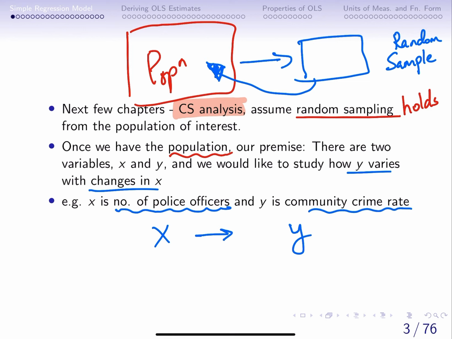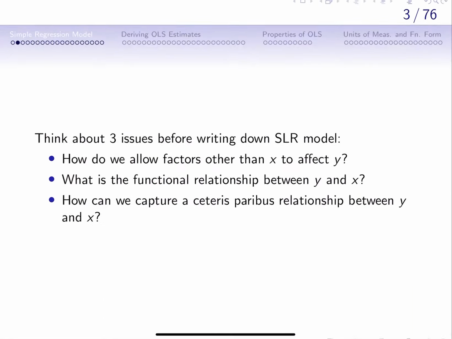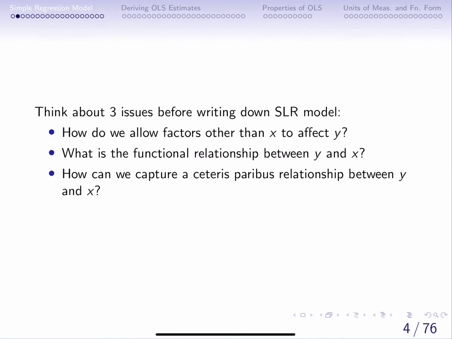Similarly, you could think about fertilizer and soybean yield, examples that we've taken before, or the effect of education on wages or earnings. So notice the direction of causality here from x to y.